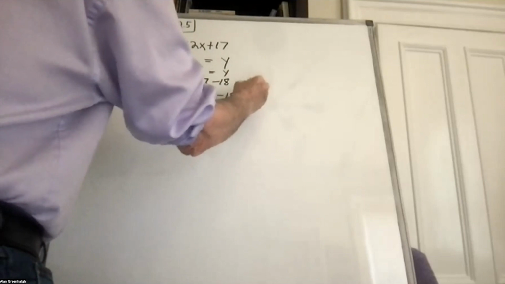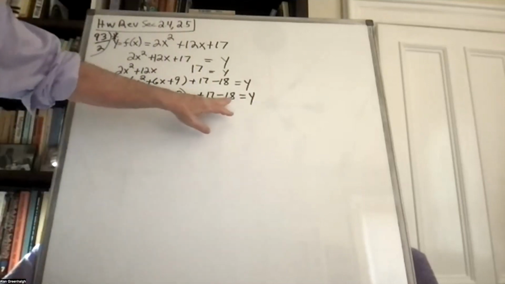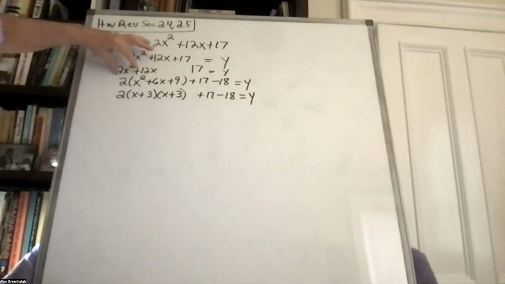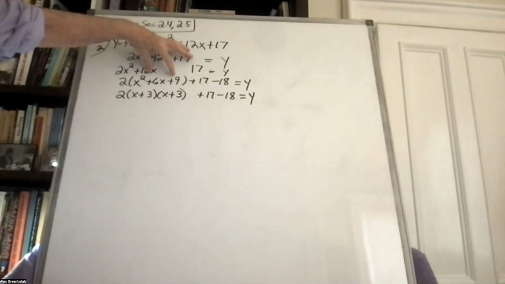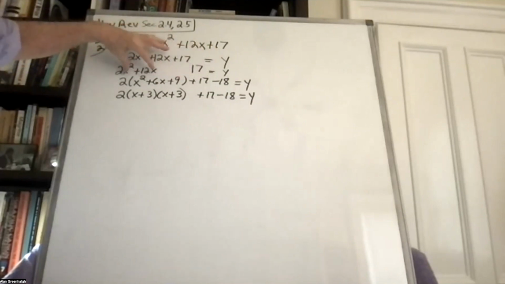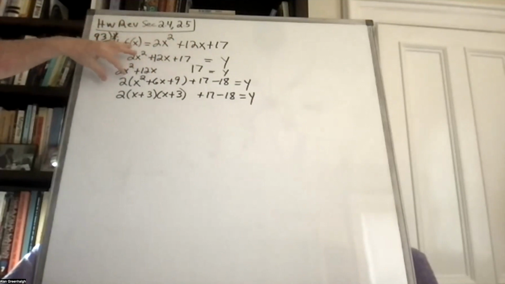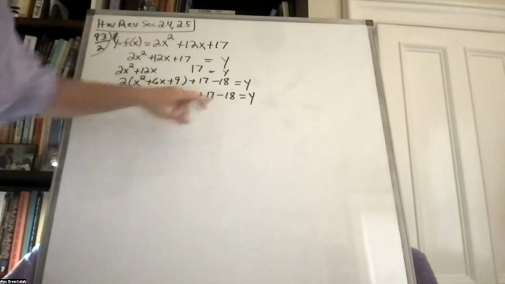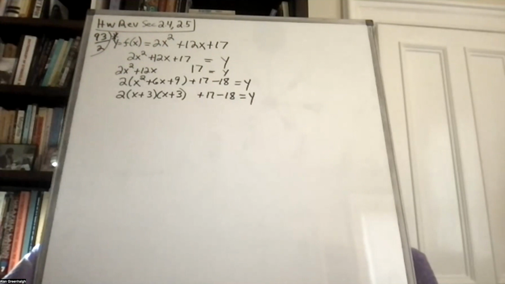Again, the reason I'm subtracting 18 is because when we completed the square and put a 9 over there, 2 times 9 is like adding 18 to this expression. And to offset that, we had to subtract 18.